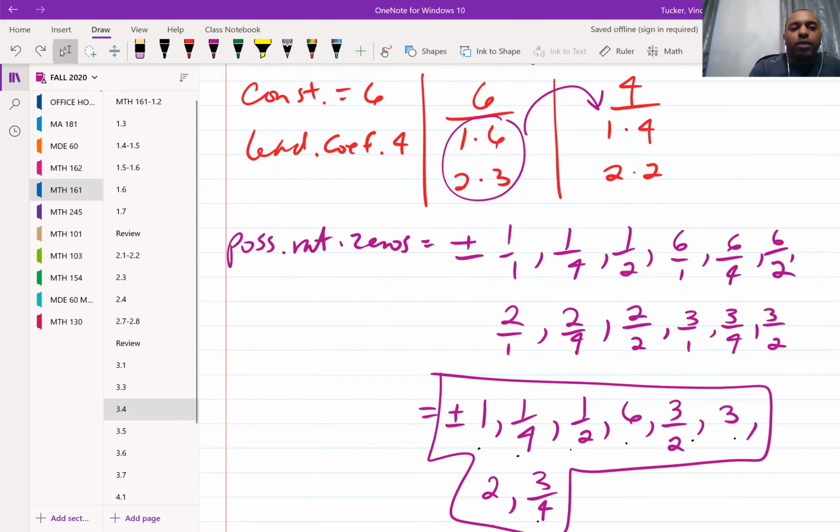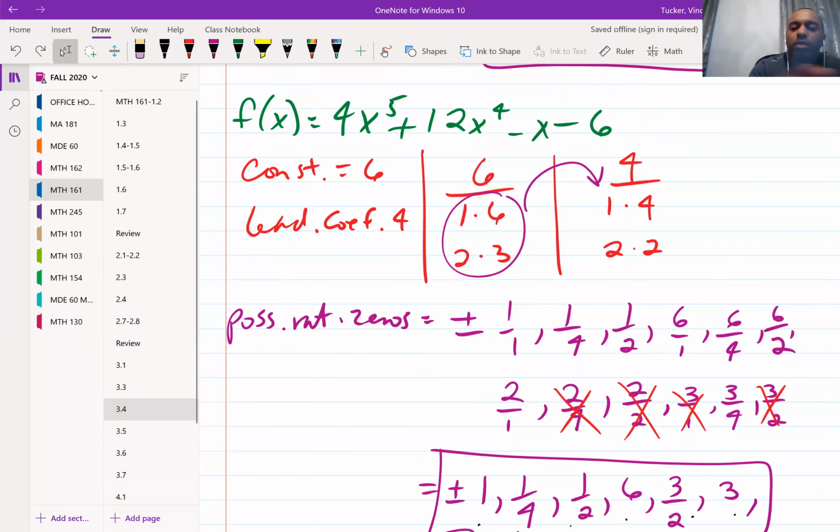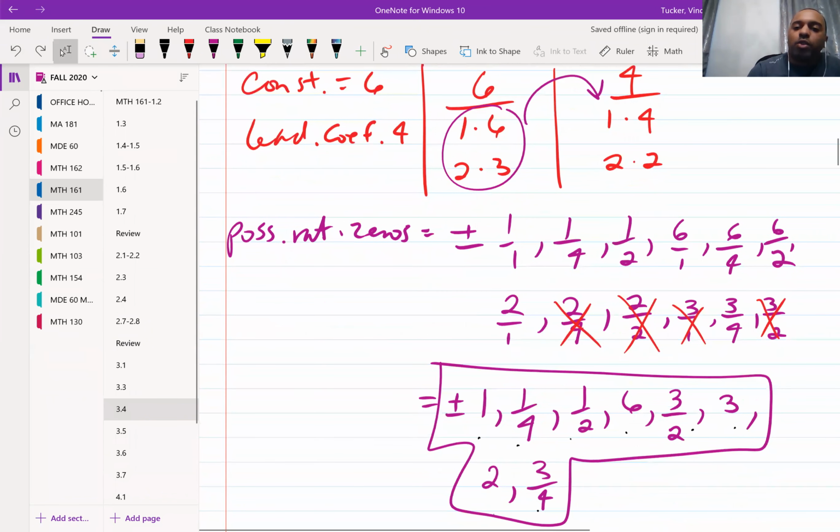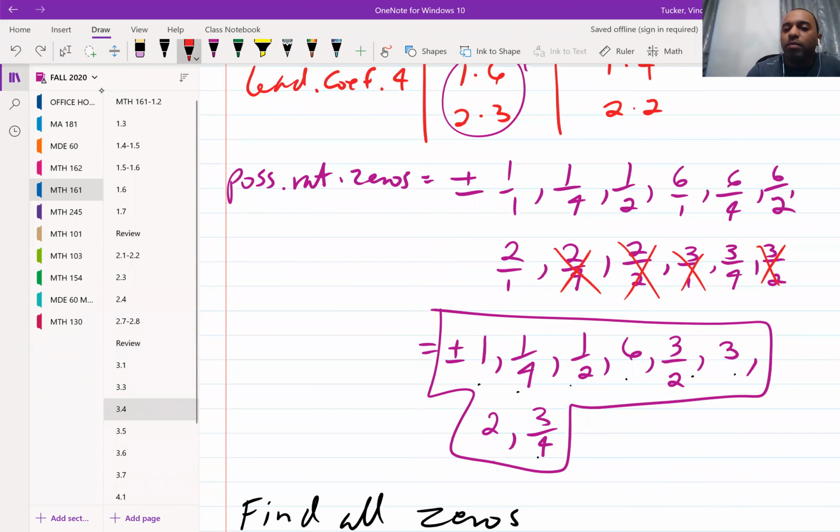And 2 over 4 reduces to 1/2, so we don't need that. 2 over 2 is 1, we don't need that. 3 over 1 is 3, we already have that. 3 over 4 we can use, and 3 over 2 we already have. So you don't need to write any repeated solutions.